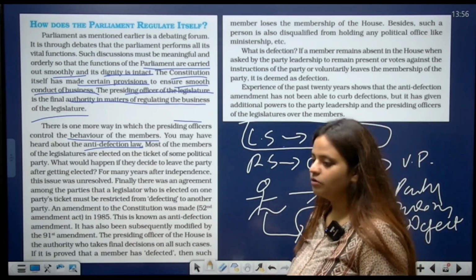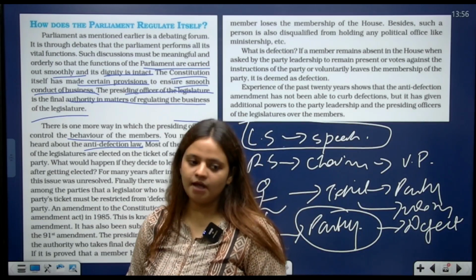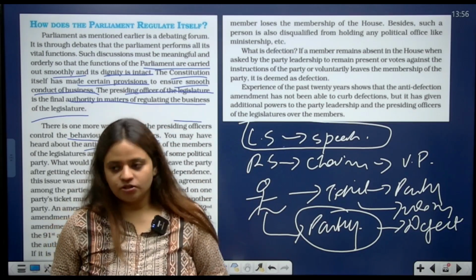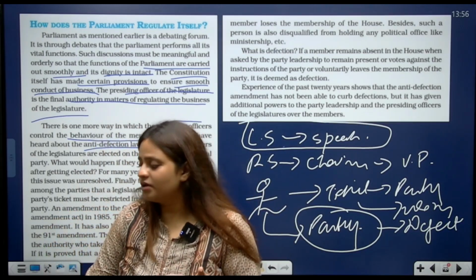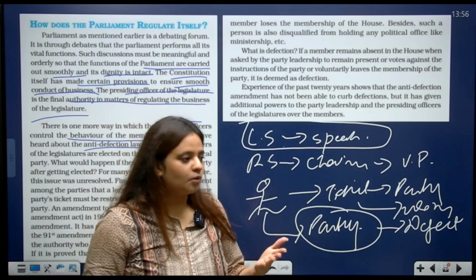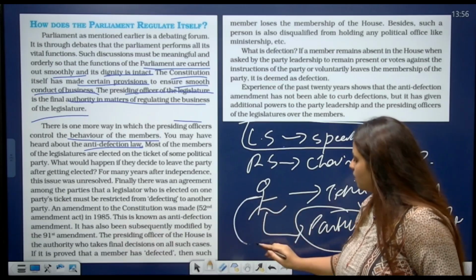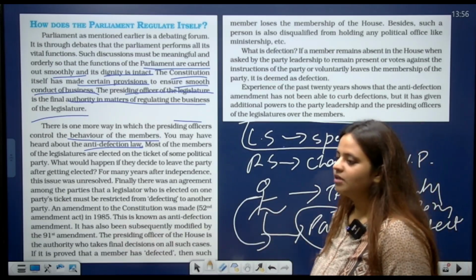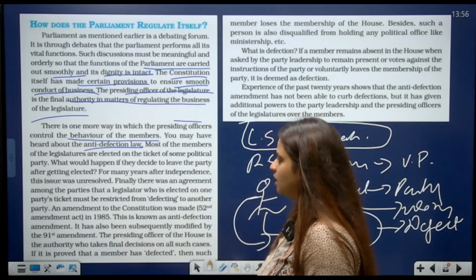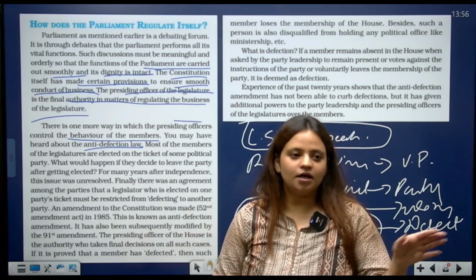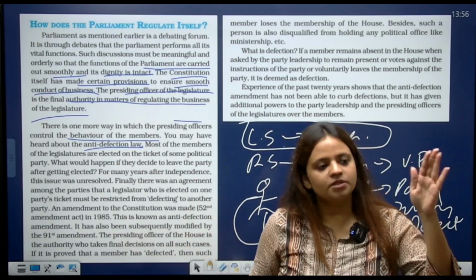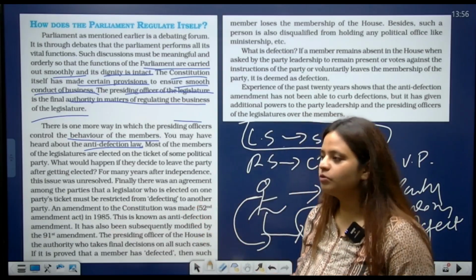When a person gets a ticket from one party and wins the election, and he is now a successful party member, he changes his party because of some cash rewards or some gifts that are given by the other party. The other party is persuading the person to get into their party.